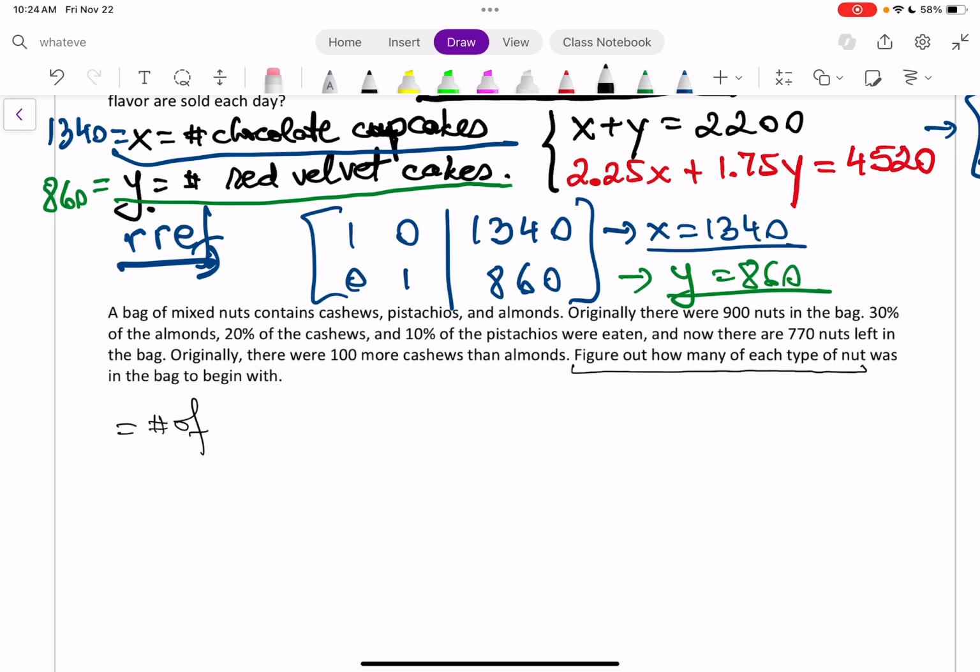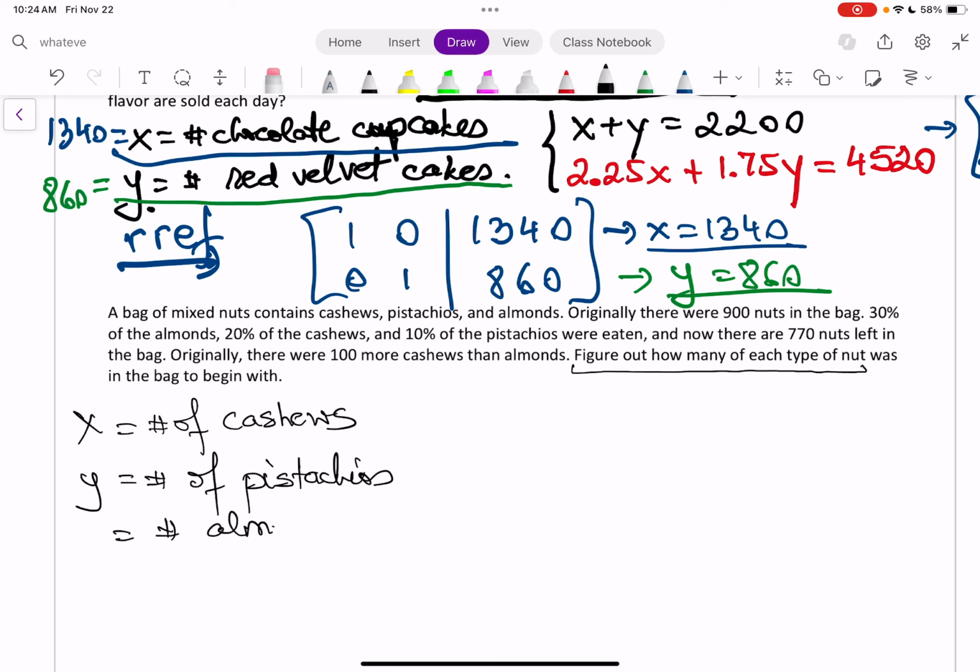So the number of cashews will be our X. The number of pistachios will be our Y. And the number of almonds will be our Z.